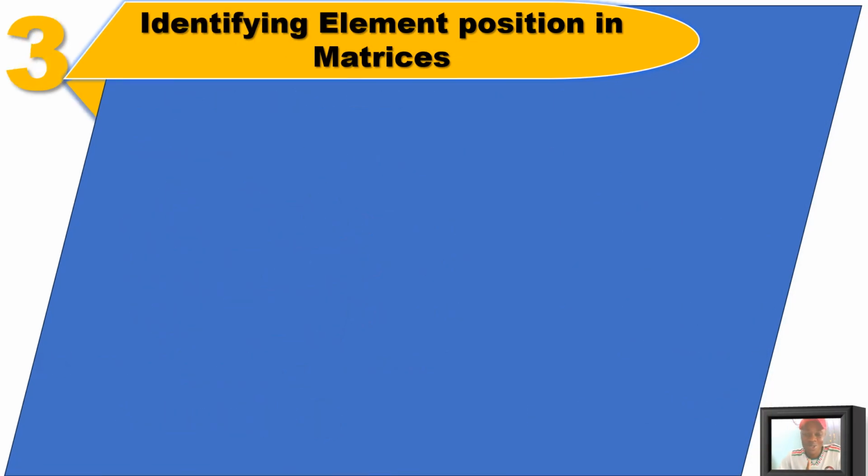Identifying the element position in matrices. Remember, I said the numbers in a matrix are called what? Elements. What is enclosed in that bracket is an element. So how do we get the positions of elements in matrices? Here we go.